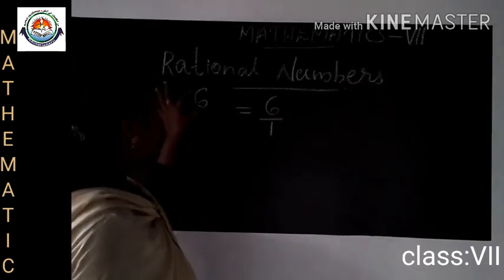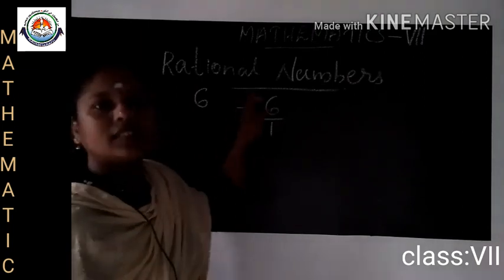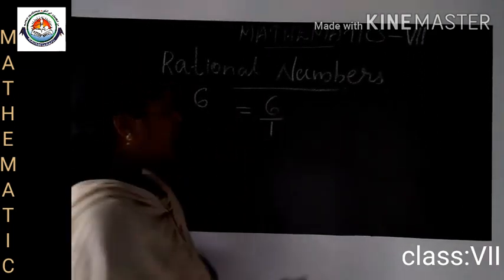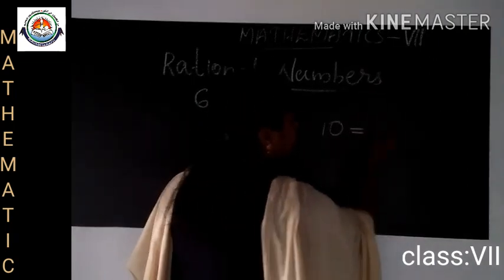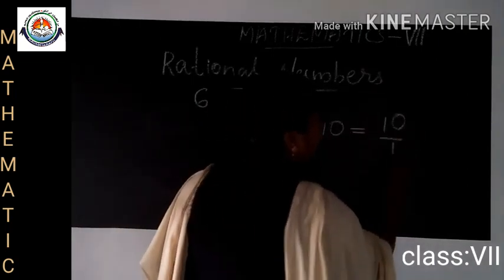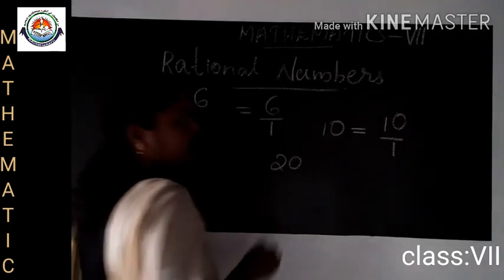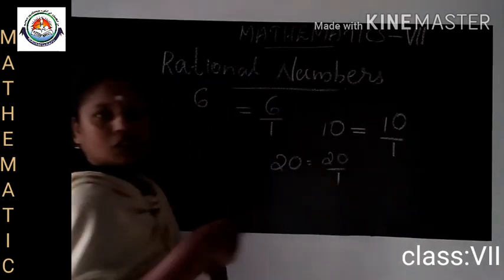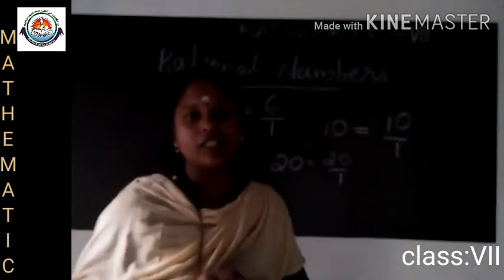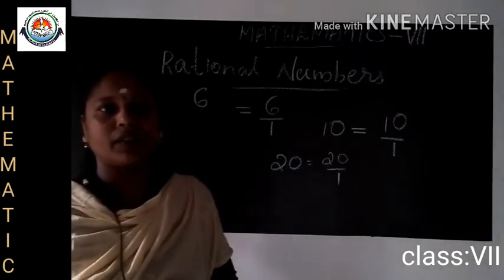And what about 10? We can express 10 as 10 by 1. And 20 is equal to 20 by 1. So we can express all integers as rational numbers.